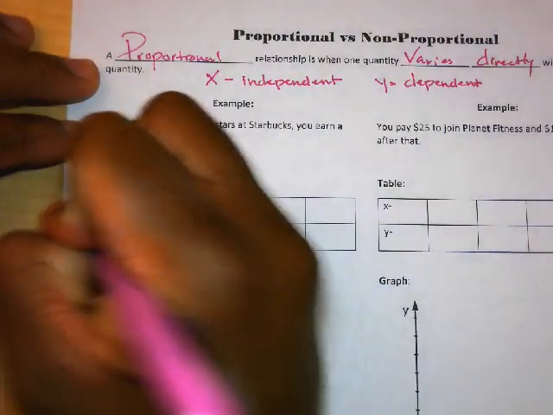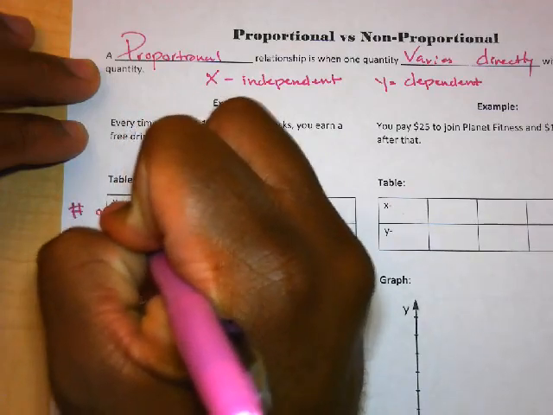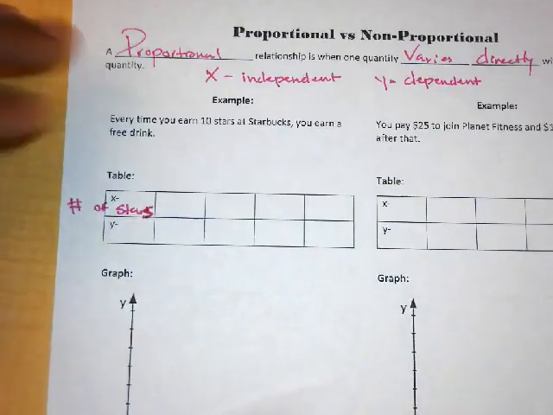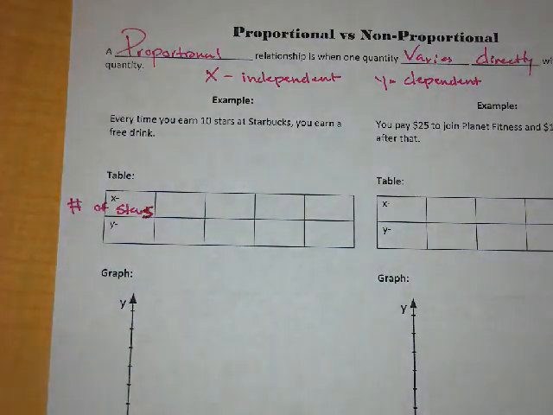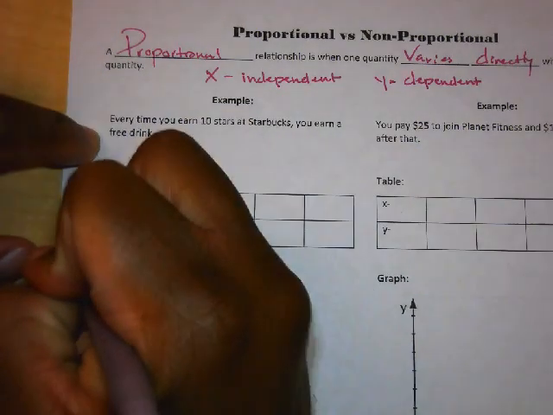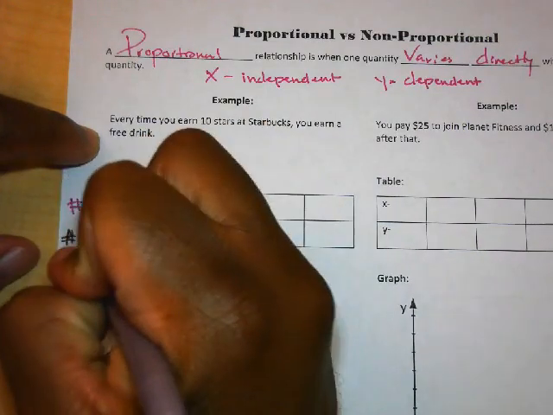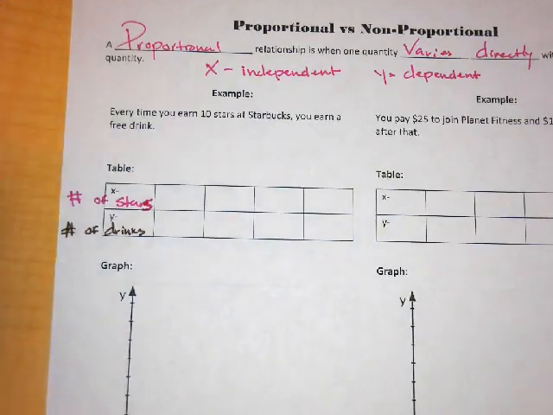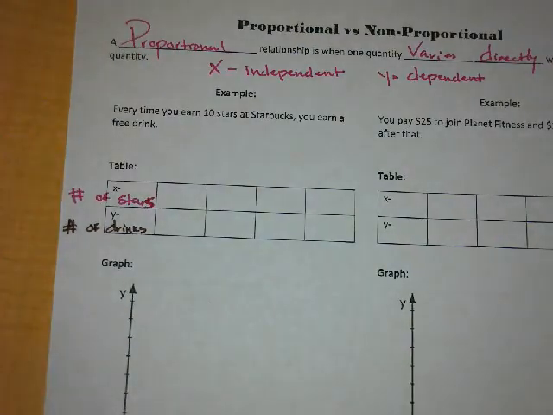The number of stars is the independent value, and the number of drinks is the dependent value. Again, the number of drinks you get depends upon the number of stars you earn, right?